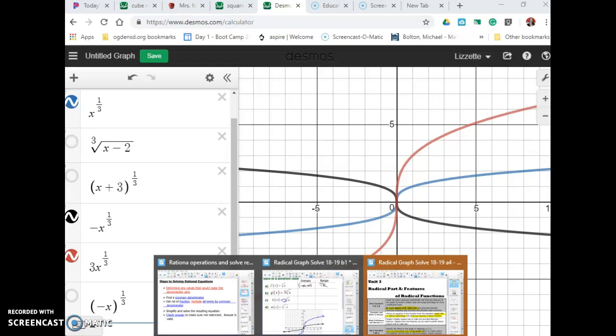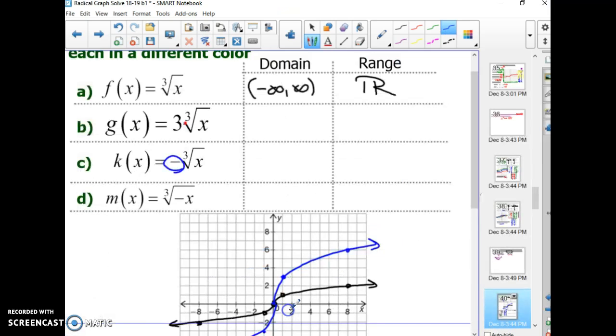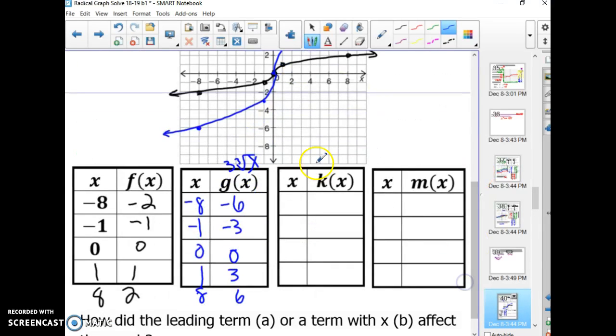So I'm going to come back here and I'm going to plug in some values, right? So I got a negative third root of x. If I do a negative 8, these values are not going to change, but negative 2 will become a positive 2 because it's timesing by a negative.